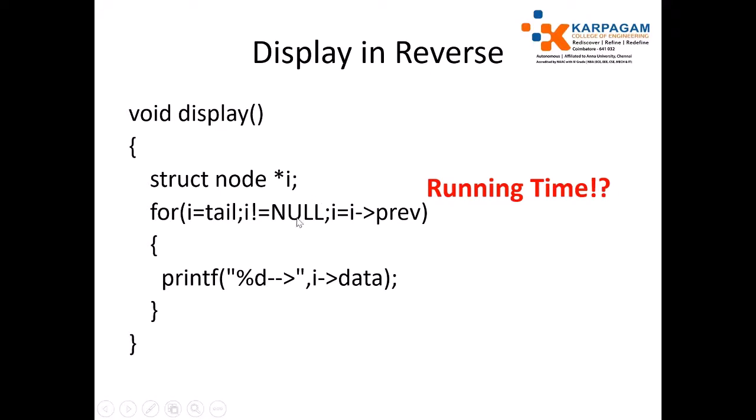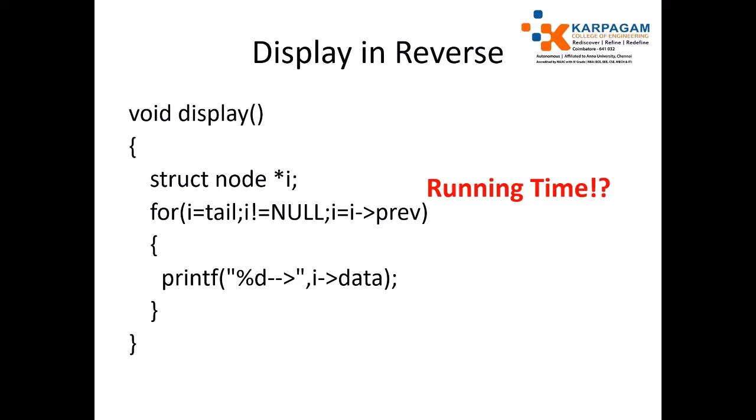When any node's previous is equal to null, you can stop. The head of previous is null. In any double linked list, head of previous equals null. So when i reaches null, it stops. Initially it was the last node, and you can move backward to print the previous node data.